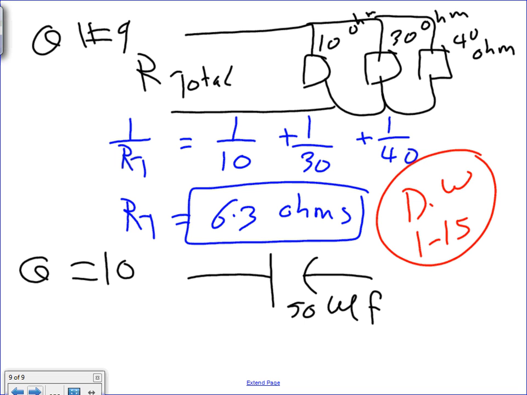You guys remember that from the days of Mr. Ryman. Microfarad. And I have an inductor right next to it, a coil, and my coil is 400 henry.